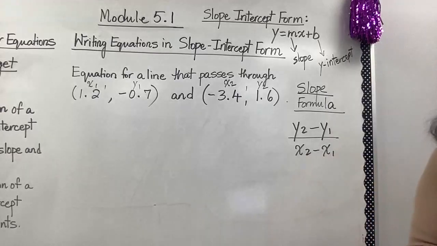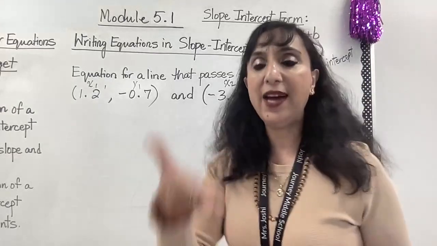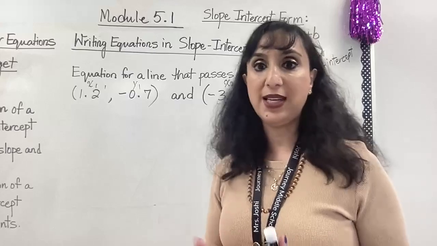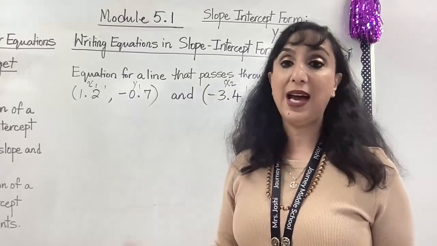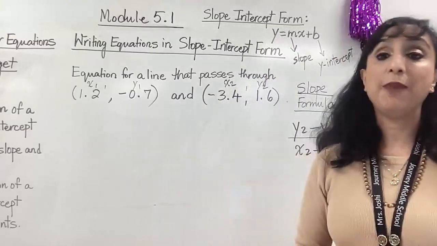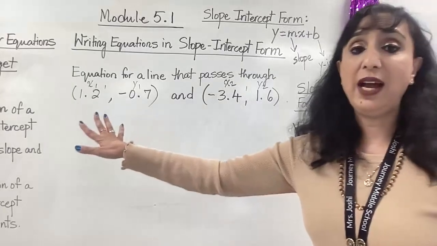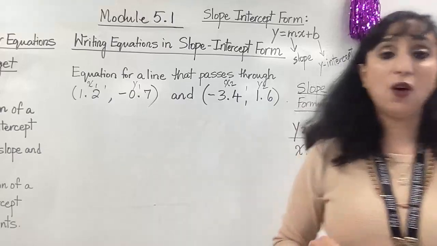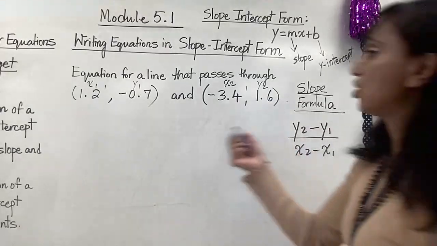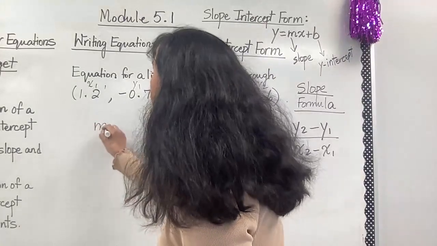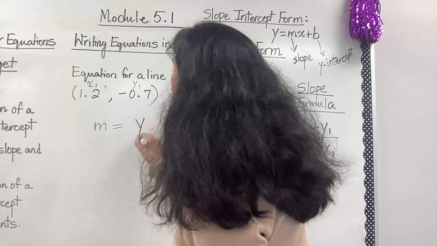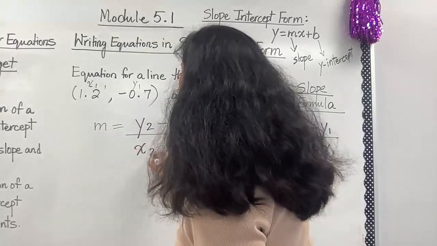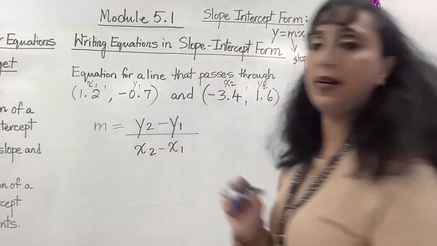Because what am I doing? I'm doing change in y over change in x. So that's why y2 minus y1 over x2 minus x1 is going to give me my slope. So I have labeled this as x1 and y1, x2 and y2. So let's go ahead and say slope, which is m, is equal to y2 minus y1 over x2 minus x1.